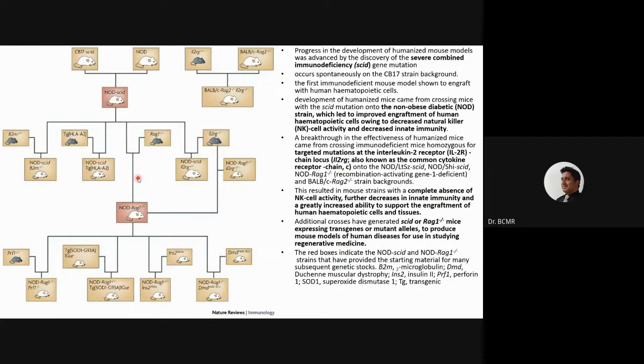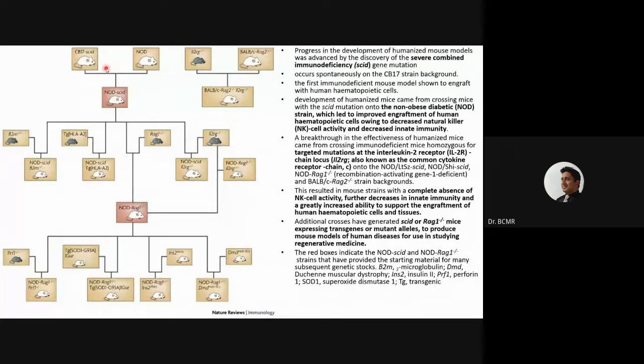So if we want to put human cells or tissues into mice, we need good models which do not have an immune system or an active immune system. In mice too, they found some of them have SCID, that is severe combined immunodeficiency.